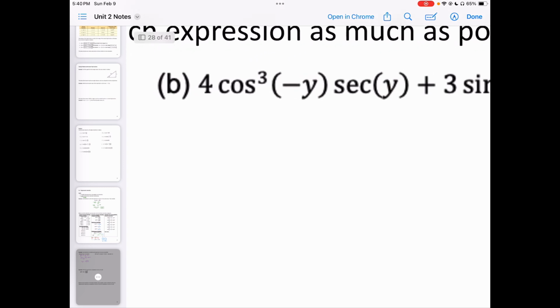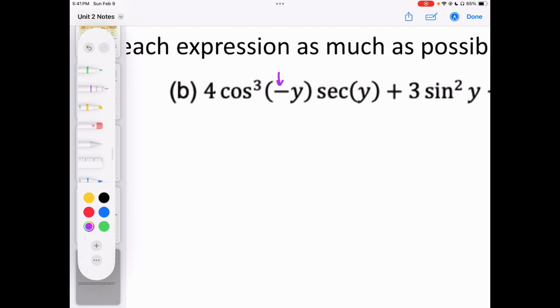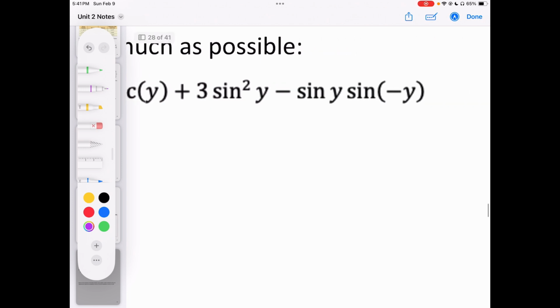So we talked about earlier on the previous page that cosine and secant end up being able to ignore the negative. So we can ignore this guy, and the next one is positive.